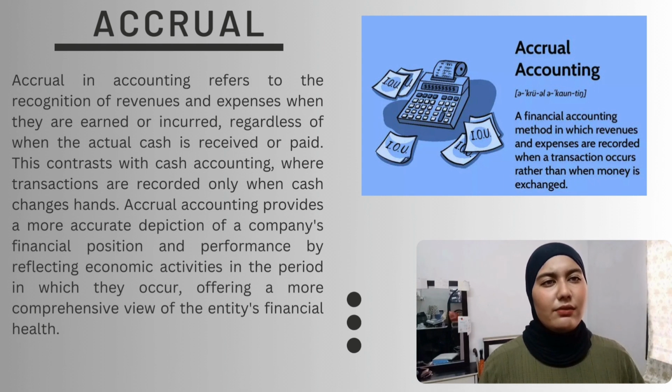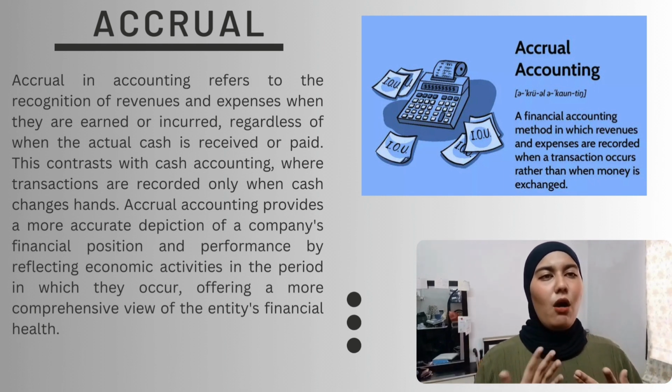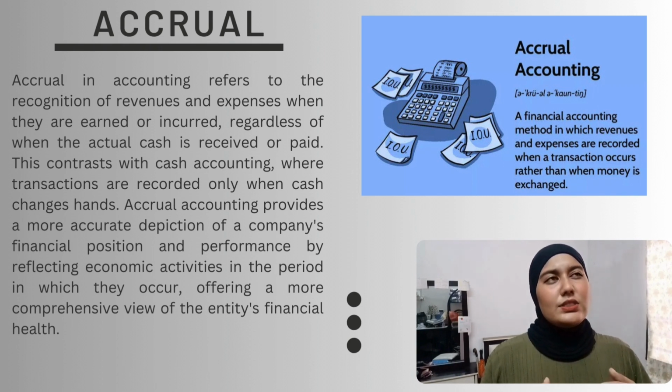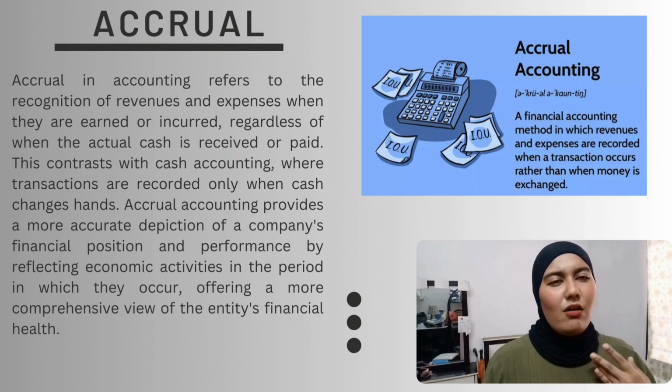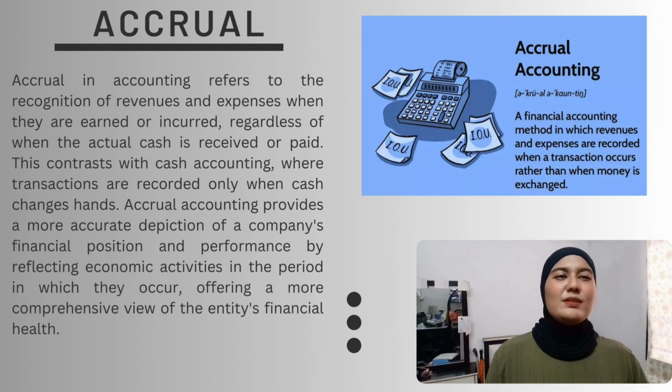Accountants use the materiality concept to determine what information to include or exclude, aiming to focus on items that are relevant and significant enough to impact the overall understanding of a company's financial position and performance.